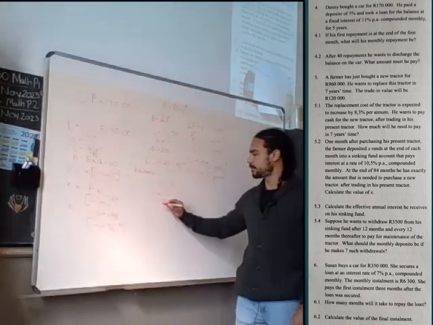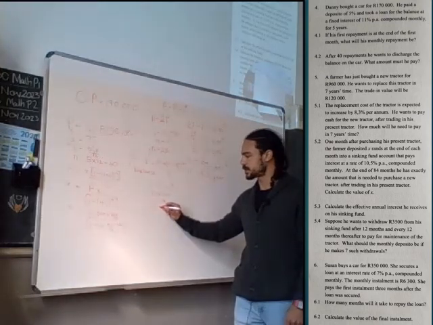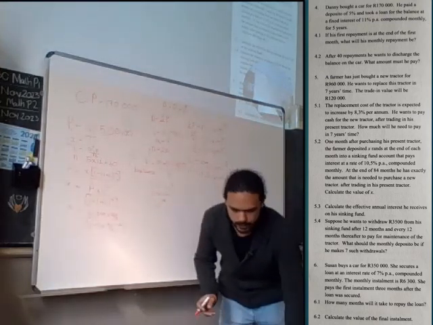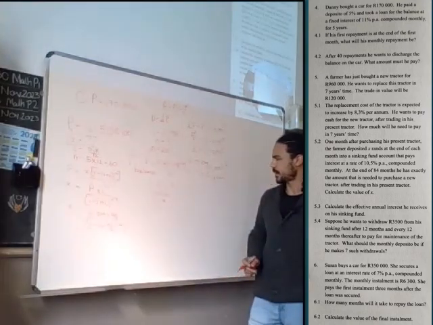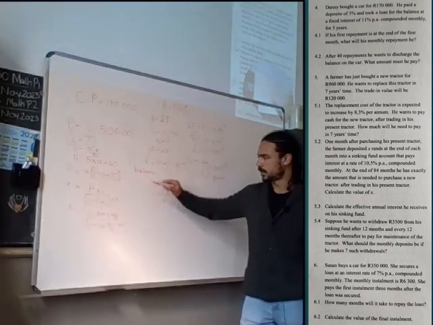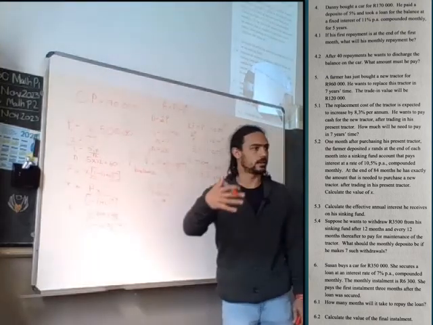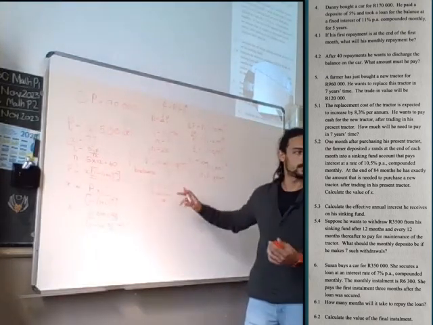And then n will be in how many years? 7 years. All right. Then what else? That's all the information that we have. We need to work out the accumulated price of a new tractor in 7 years' time.